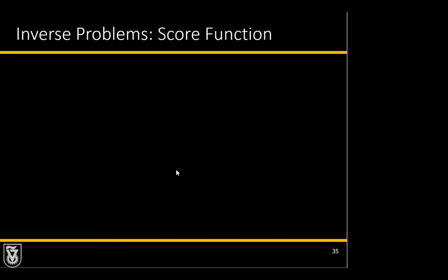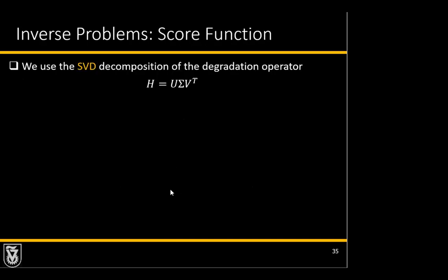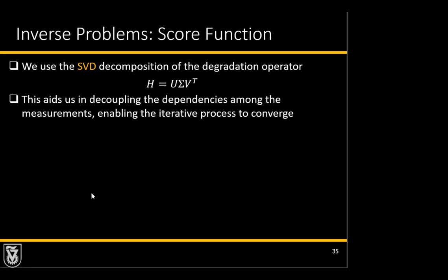So we did present a solution. We looked at the singular value decomposition, the SVD, of the degradation operator H, which is U sigma V transpose, where U and V are orthonormal matrices, and sigma contains the singular values in its main diagonal and zeros everywhere else. So this helped us in decoupling the measurements.